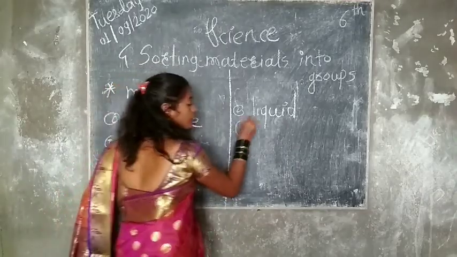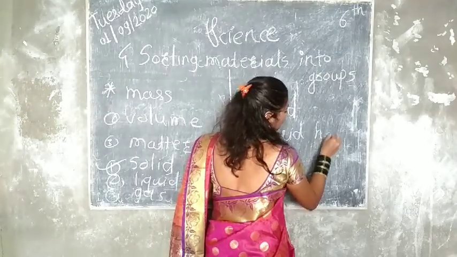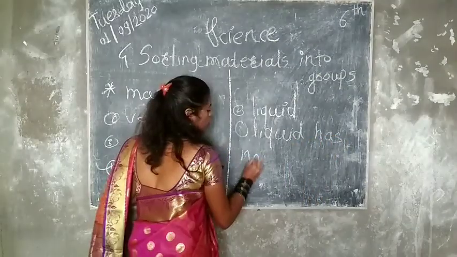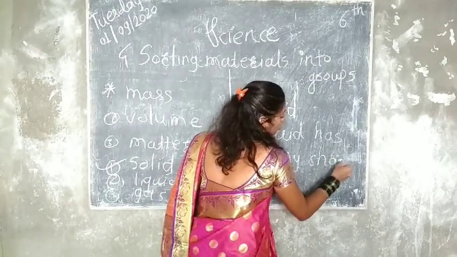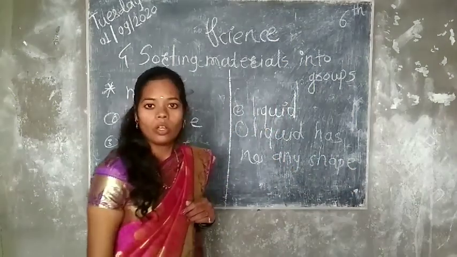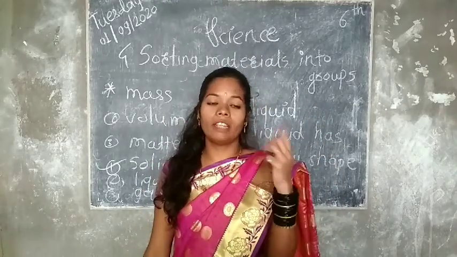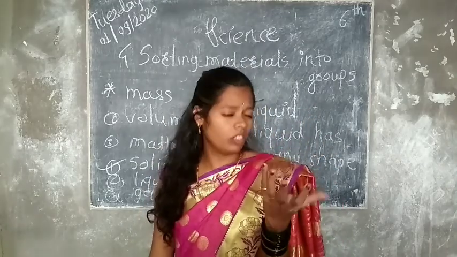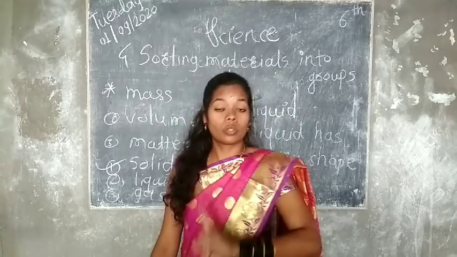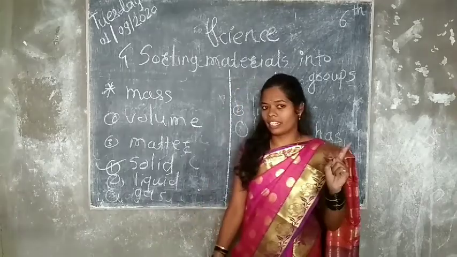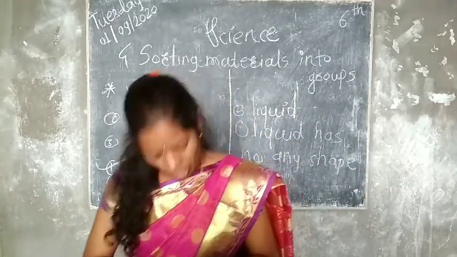Liquid doesn't have its own shape, but it acquires the shape of the vessel. If your glass is a rectangle, it looks like a rectangle. If you have a bowl, it looks like a circle. Am I right? So the first most important characteristic is liquid doesn't have any shape.